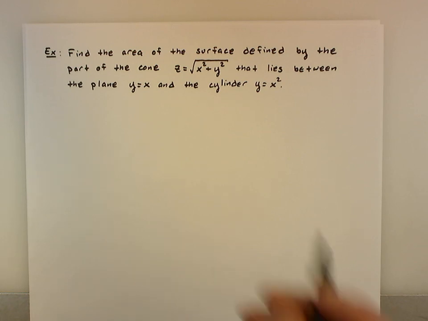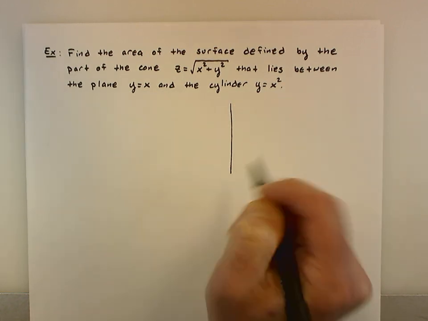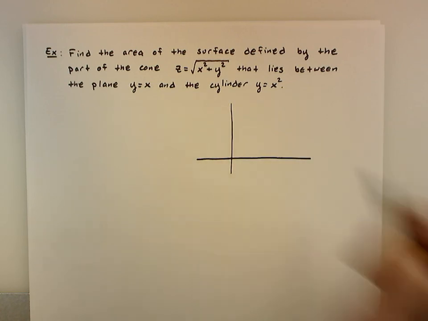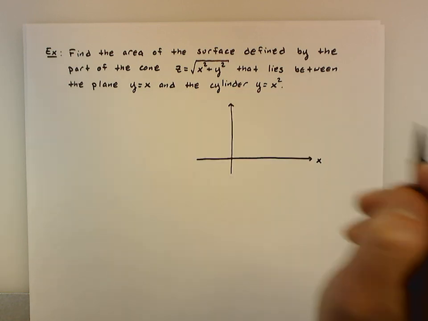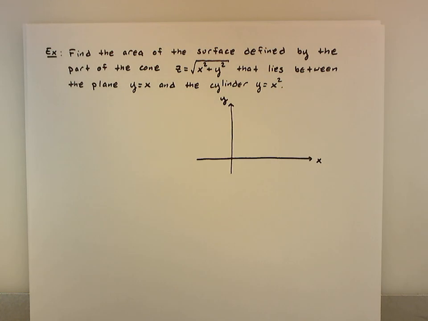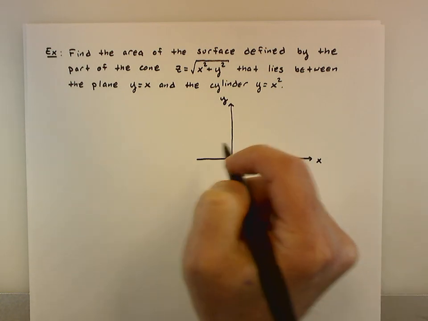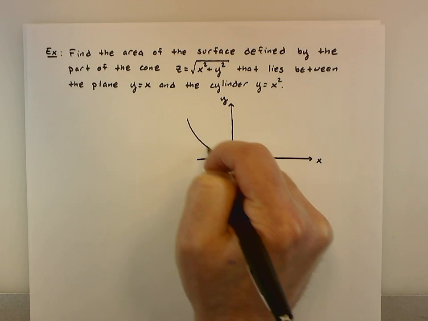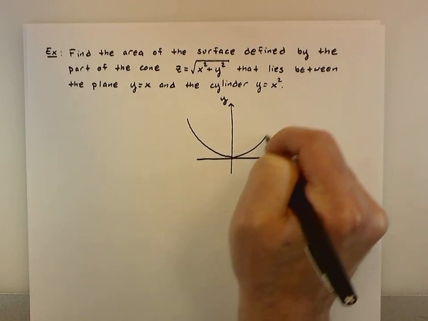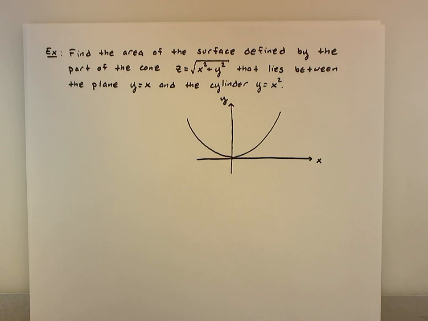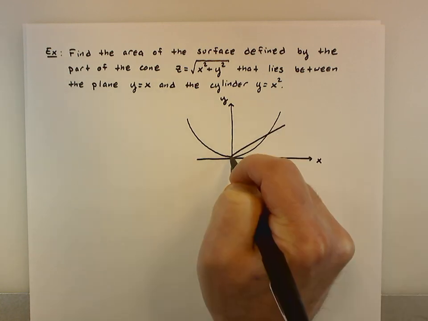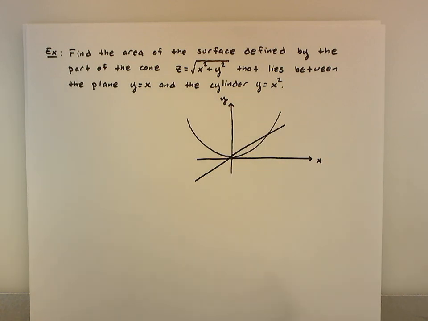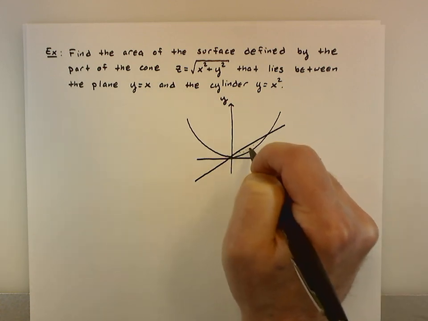So first, I'll sketch this region to look at the region D. We'll call this x and this y. y is equal to x squared is that curve here. y equals x is this curve here. So here's the region that I'm integrating over.